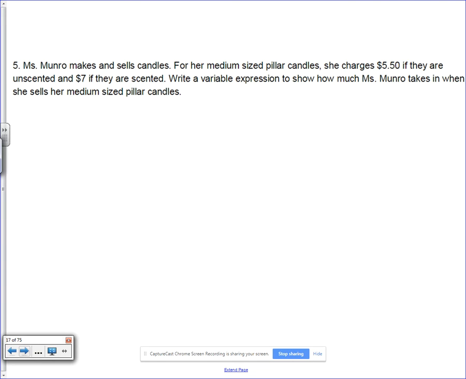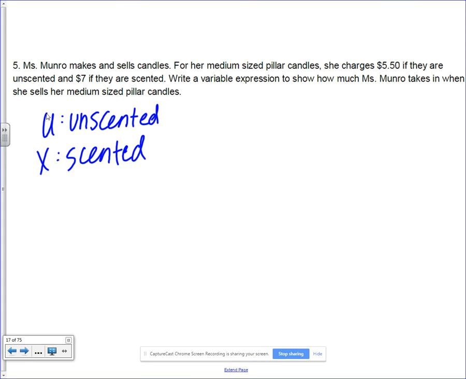Go ahead and read it. Again, we have no variables. Can you tell me what two things need to have variables? What are they talking about? Scented and unscented. What variables do you guys want to use? U for unscented, she says. X for scented. Okay, so can somebody then write me an expression?